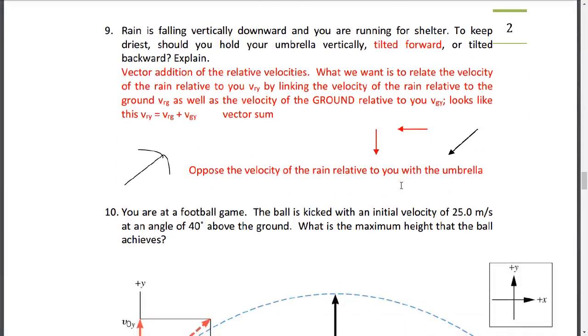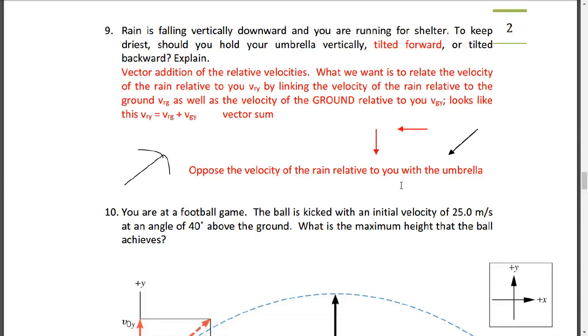All right, this is a little more fun with vectors. This is vector addition, and what we're talking about is the relative velocity. So the velocity of the ground relative to you, and the rain relative to you.